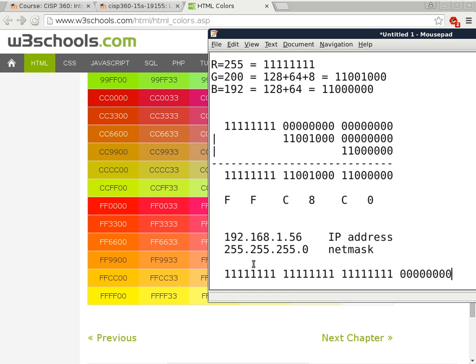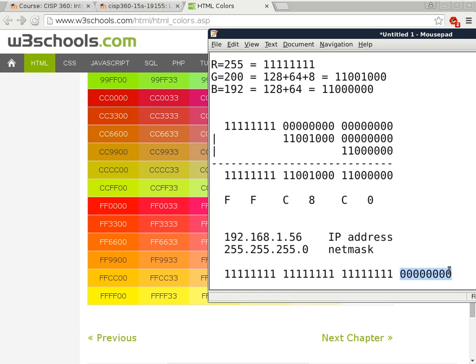Basically it is looking at each IP address, which is a 32-bit number, and it will say this part is the name or the address of the entire network, and then the zeros correspond to each particular interface. That's how this particular network is set up.